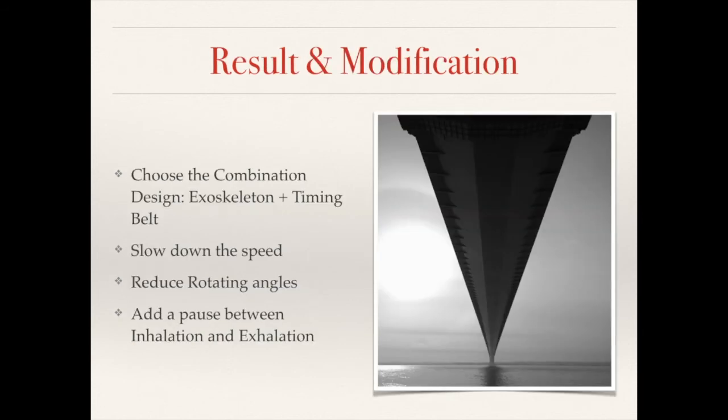The results show that all of the users chose the combination design because they felt the exoskeleton design gave them stronger hints for inhalation, and the timing belt gave them stronger hints for exhalation.